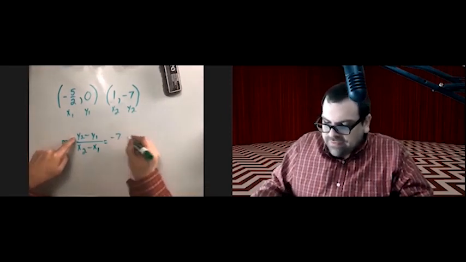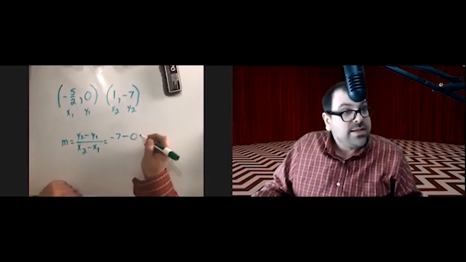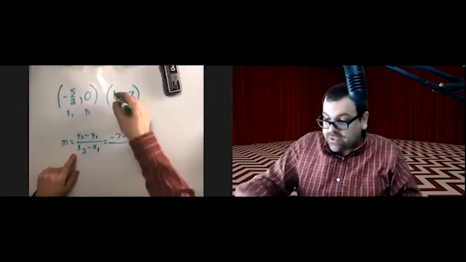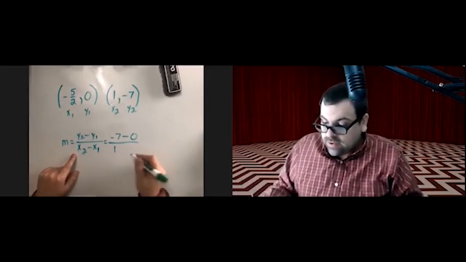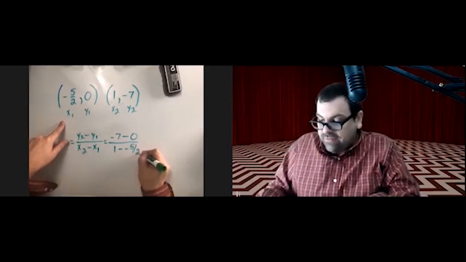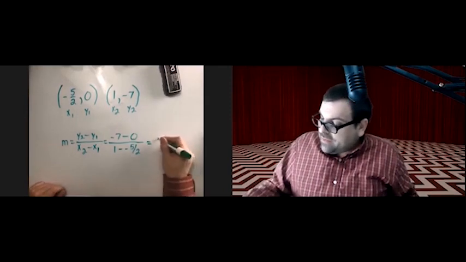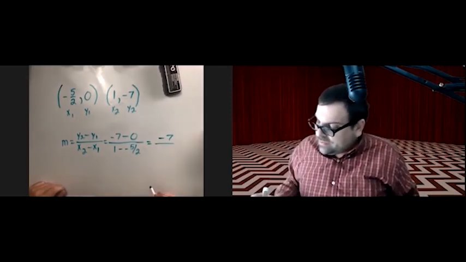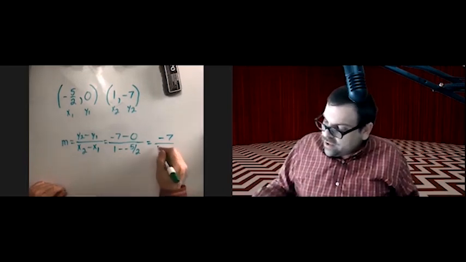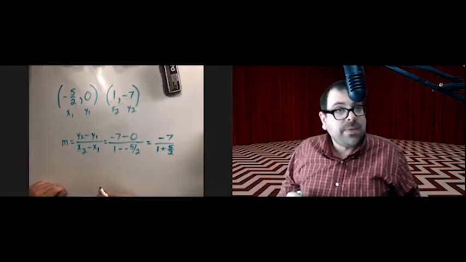y2 is -7 minus y1 is 0 over x2 is 1 minus x1, -5/2. -7 minus 0 is -7. 1 minus a negative is 1 plus 5/2.